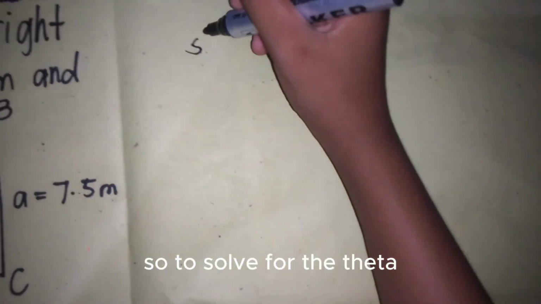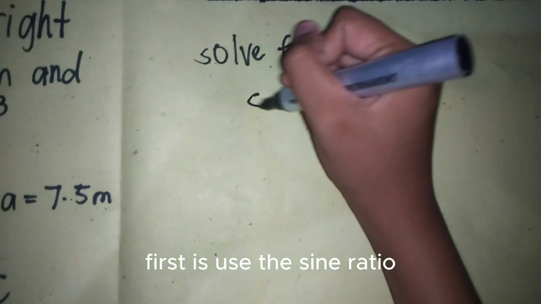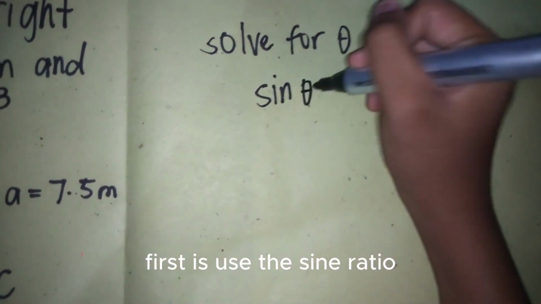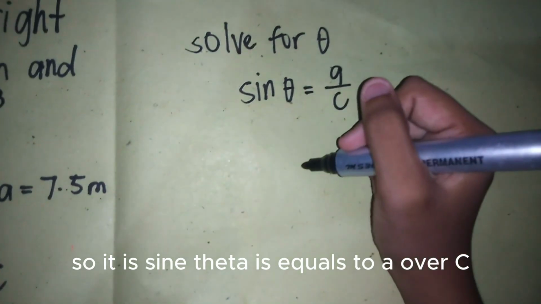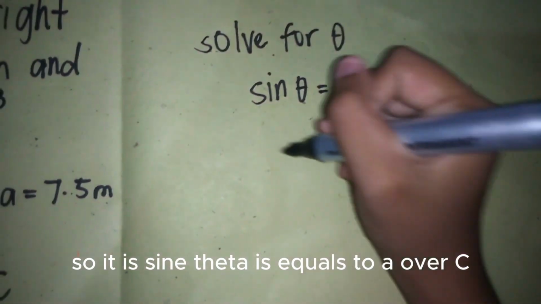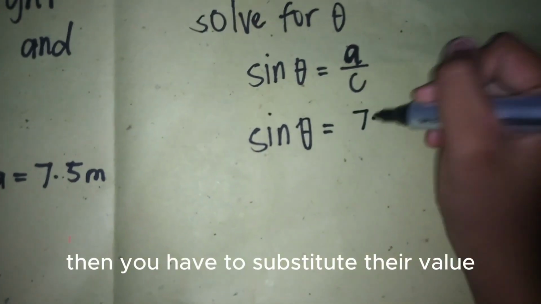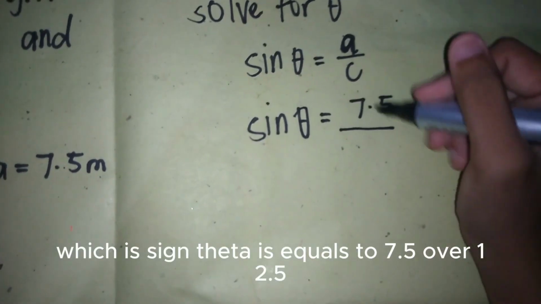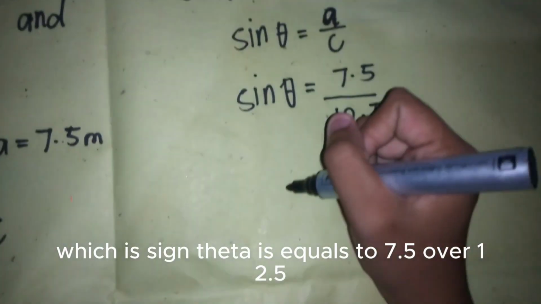So to solve for the theta, first use the sine ratio. So it is sine theta is equal to A over C. Then you have to substitute their values, which is sine theta is equal to 7.5 over 12.5.